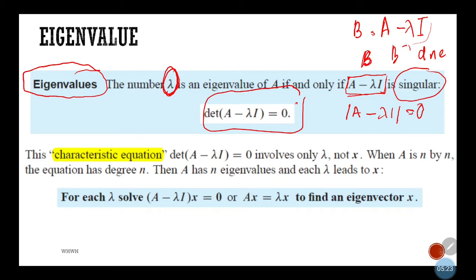So from here we can get the characteristic equation: the determinant of A minus lambda I equals 0, which involves lambda, not x. What is this x? This x is the eigenvector. So for each lambda, we solve this to get lambda, and from that lambda we will determine what the eigenvector is.